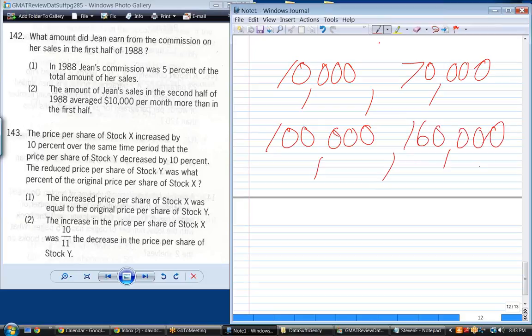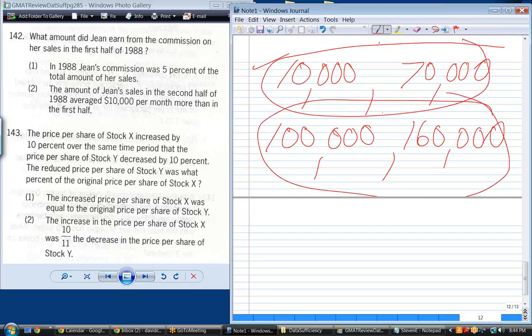Right. She could have. So it's not sufficient. Both of them together satisfy the stem, number 1 and number 2, and yet I can't tell how much commission she made. 5% of this is not the same as 5% of that.